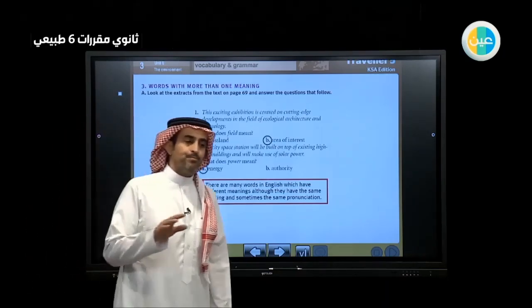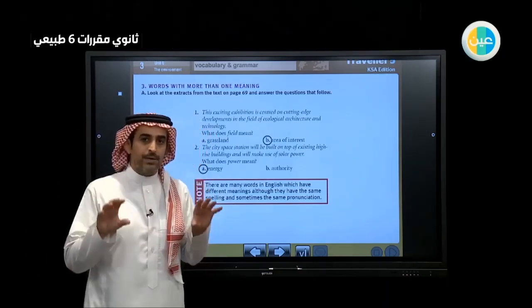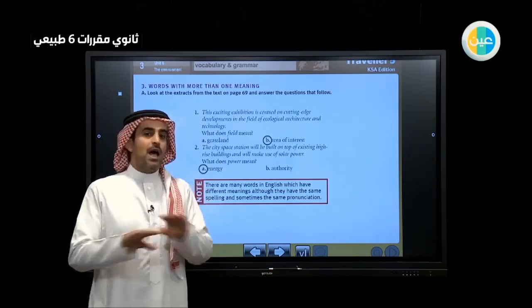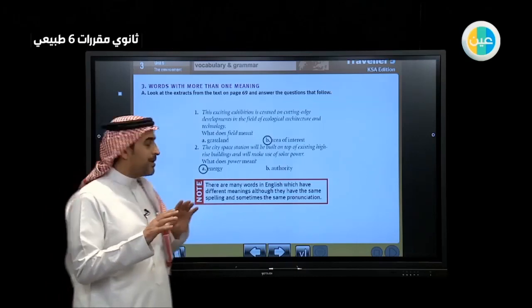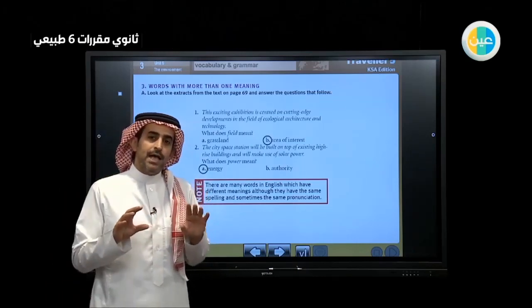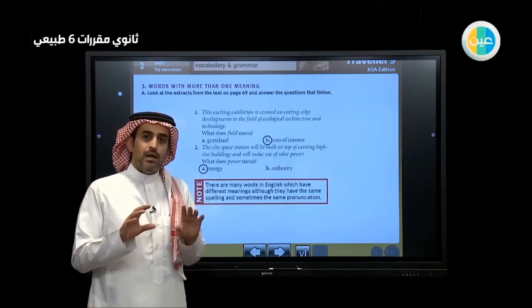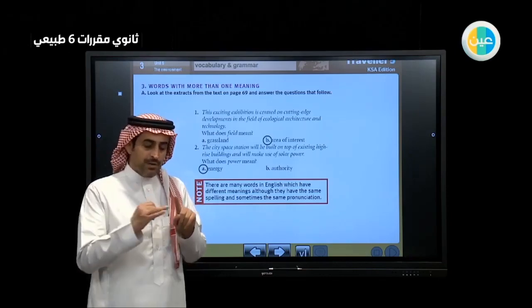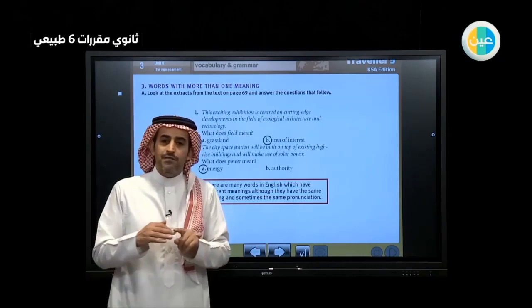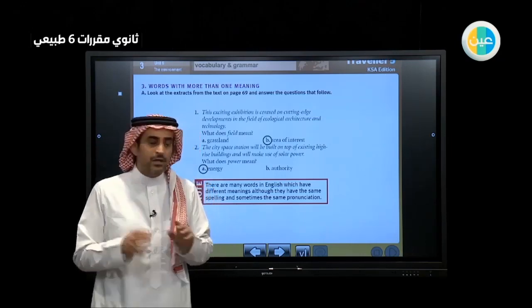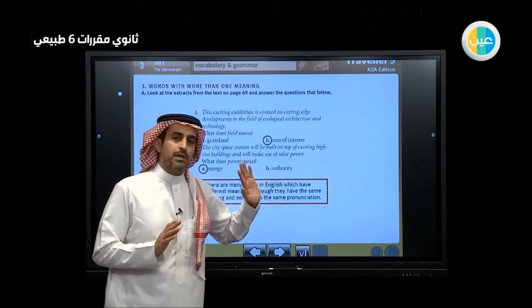Usually, maybe you find two words in two different sentences that have different meanings, although they have similar pronunciation, similar spelling, similar in everything in the kind of word.